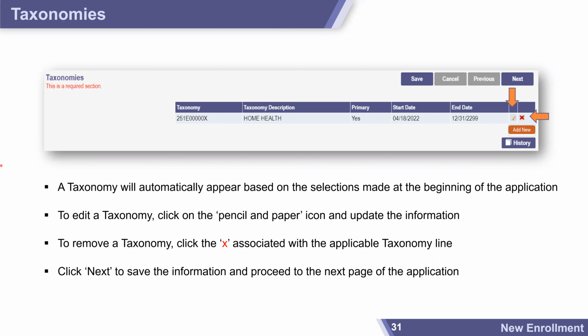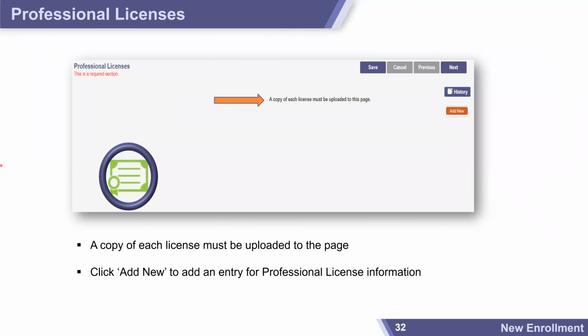Once you've got the taxonomy all added in and you're ready to go to the next page, of course, you would hit next, which is going to take you, in this case, to the professional licenses page.